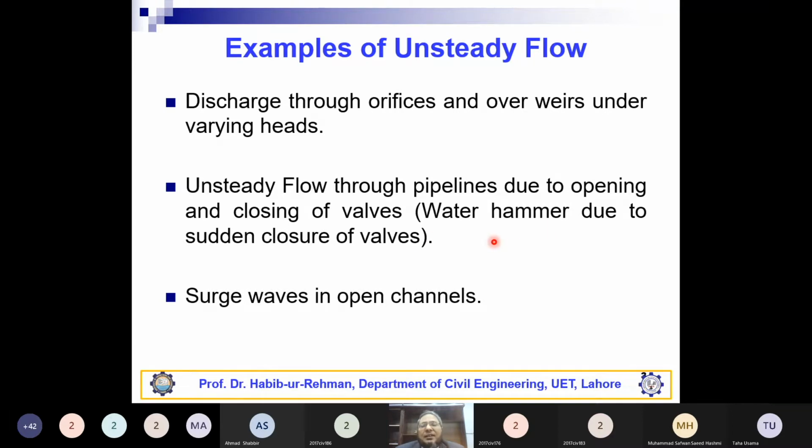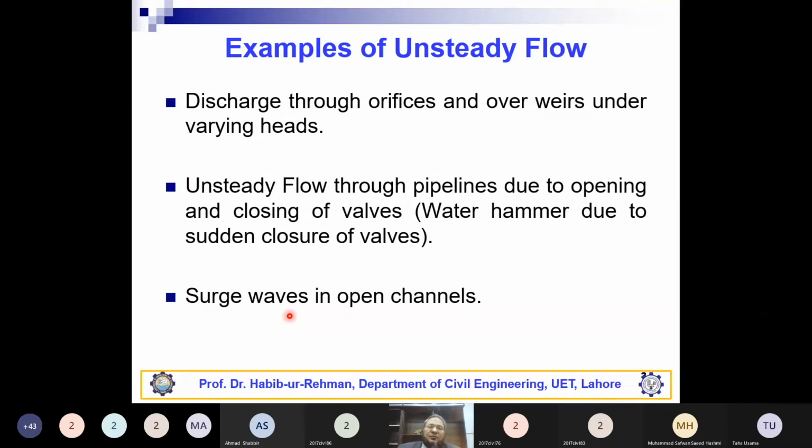So water hammer is basically an example of unsteady flow. What is the third example of unsteady flow? Suppose we have an open channel with a hydraulic structure and we close the gates of the structure immediately. What will happen on the upstream side?